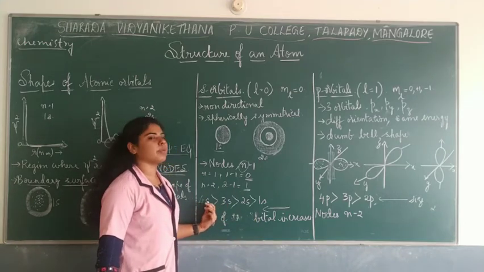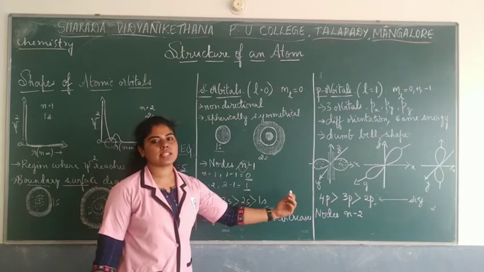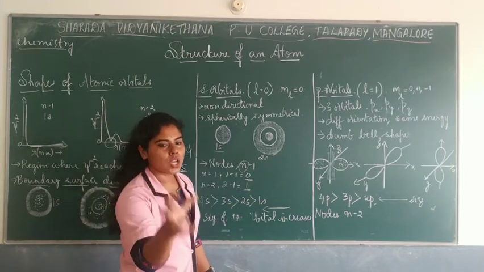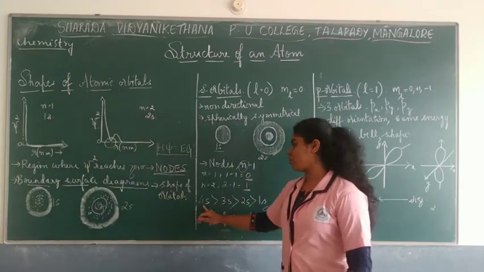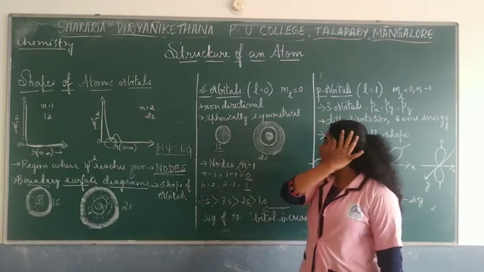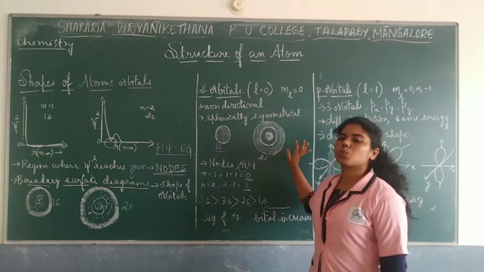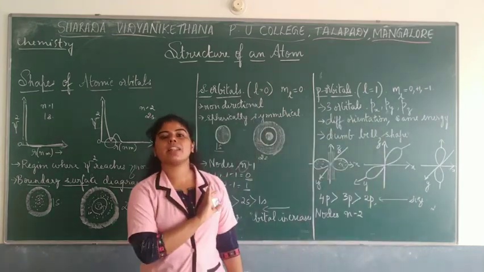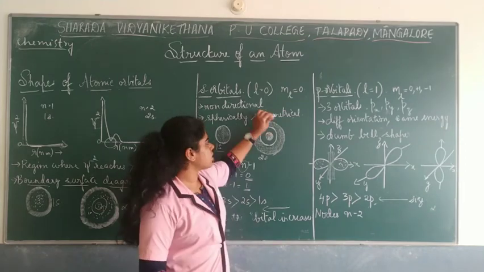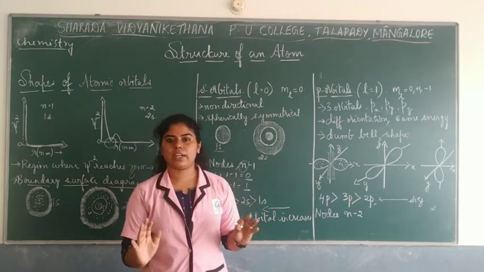So maximum will be 4s, then 3s, 2s and 1s. 1s will have the smallest size, and 4s will have the maximum size. So this is about the s orbitals, which are spherical in shape, symmetrical and non-directional.